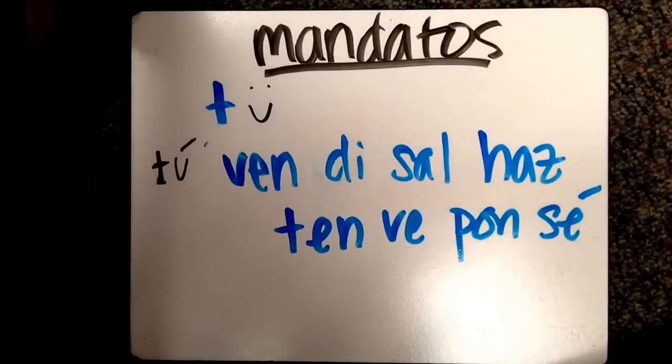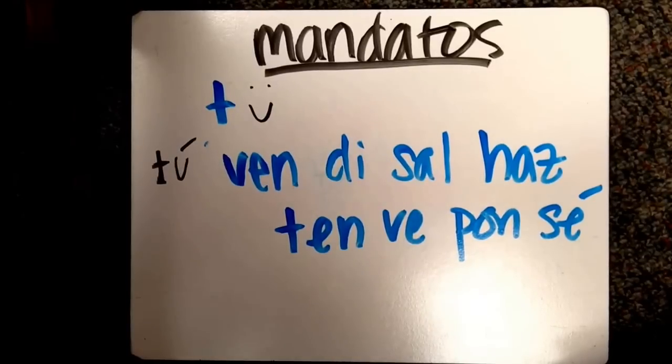Ven comes from venir, di comes from decir, sal comes from salir, haz comes from hacer, ten comes from tener, ve comes from ir, pon comes from poner, and sé comes from ser. It's really important that you remember these, that you write them down in your notes, and are prepared when they come up.